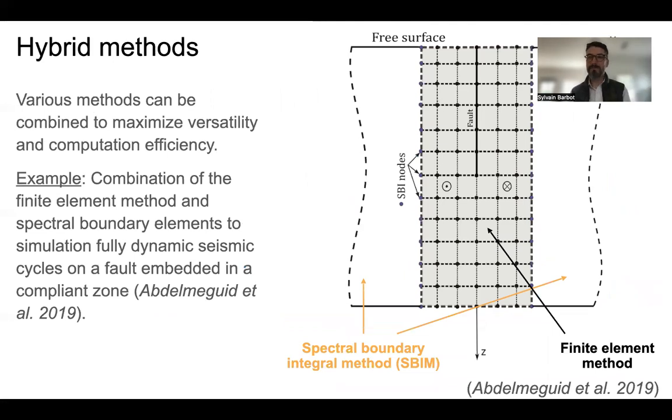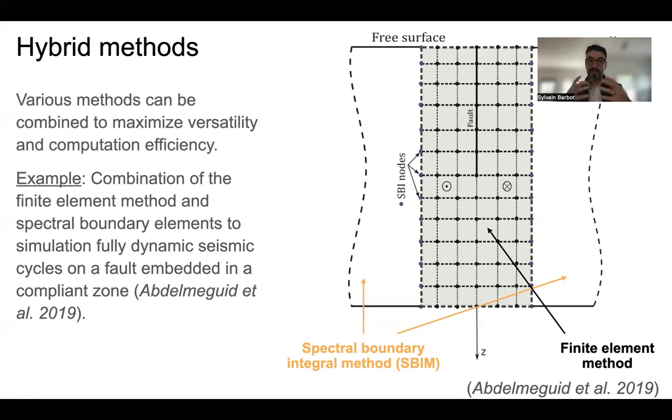Last, we have hybrid methods that combine different numerical methods to optimize their different advantages. And here is an example from Abdelmeguid and others who combine the versatility of the finite element method with the numerical efficiency of the spectral boundary integral method to compute the seismic cycles of earthquakes on faults embedded in a compliance zone.